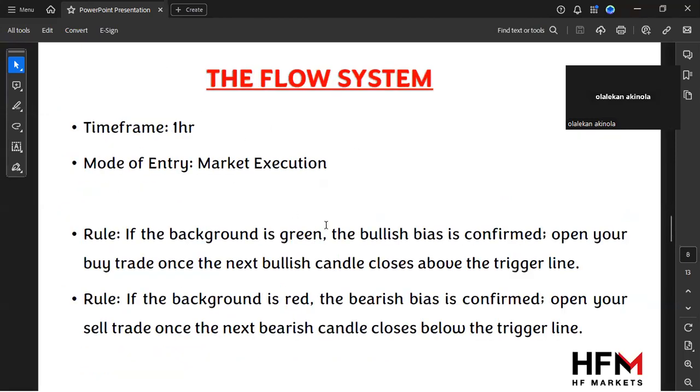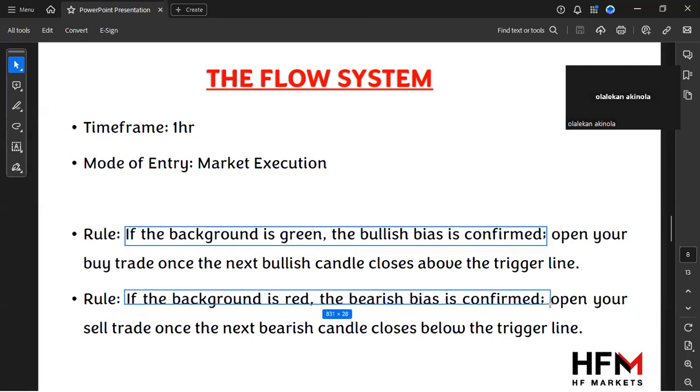The flow system in the first place comes with two major factors that you need to understand. Number one, it comes with a background color, which can either be green or red. But look at what it says, something that is standing out about the colors. It says if the background on the flow system is green, the bullish bias is confirmed.